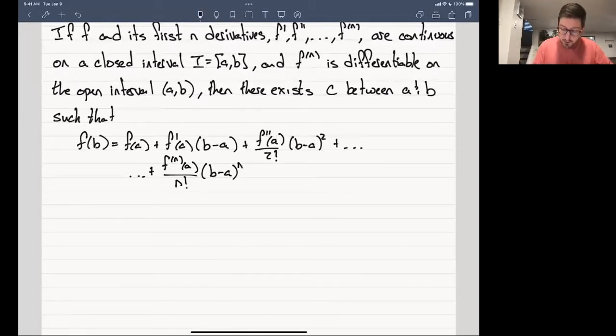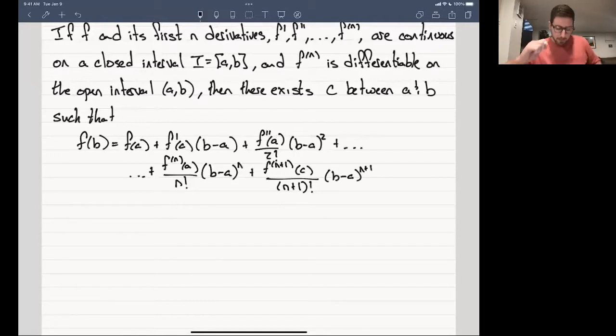So you might have to refresh yourself in the previous video, but then there's a remainder term: the n plus first derivative evaluated at c, divided by n plus 1 factorial, times b minus a to the n plus 1.